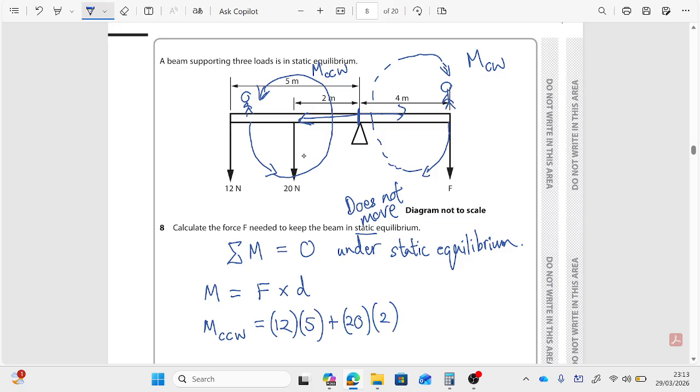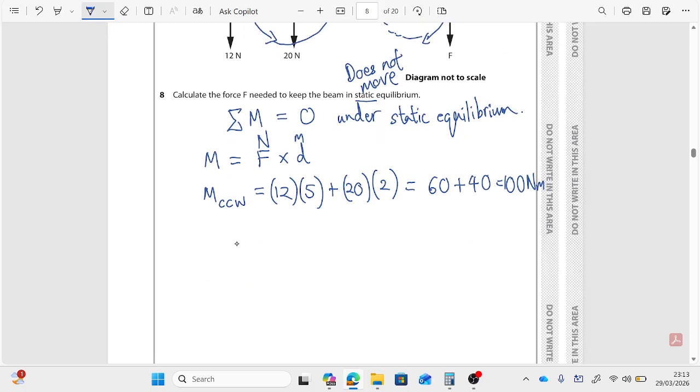And that's it, that's the two forces. So then I can work this out to be 60 plus 40. So that will give me 100 Newton meters. Because force is Newton and distance is meters, so Nm.